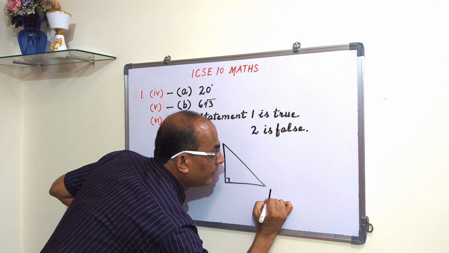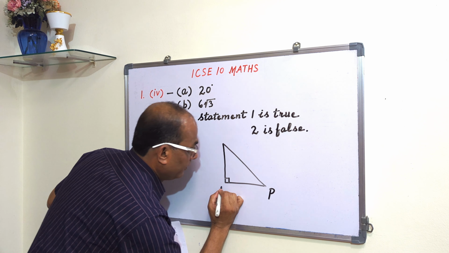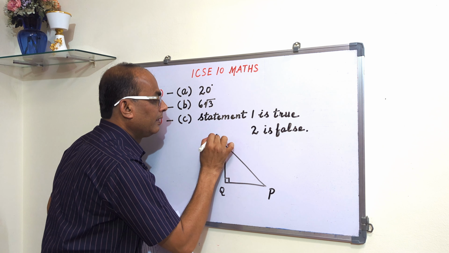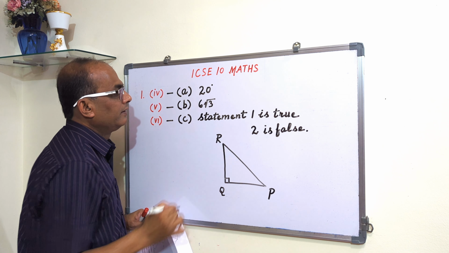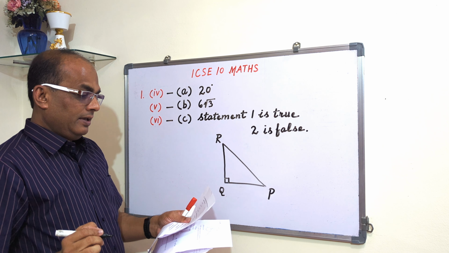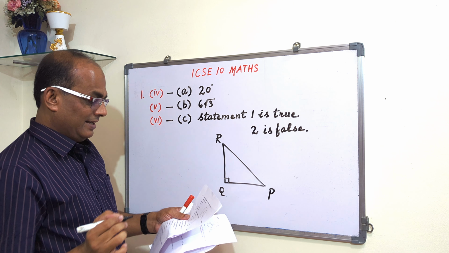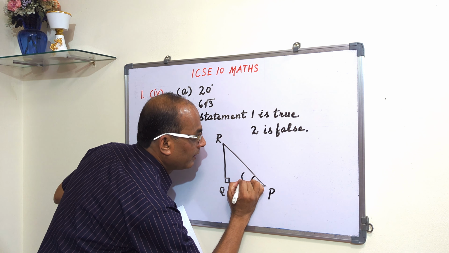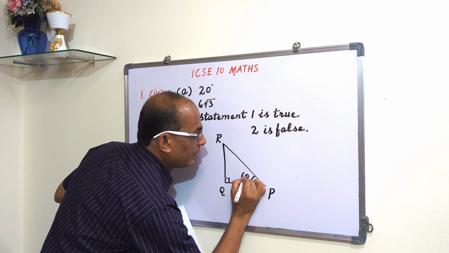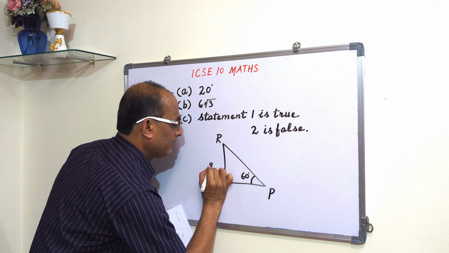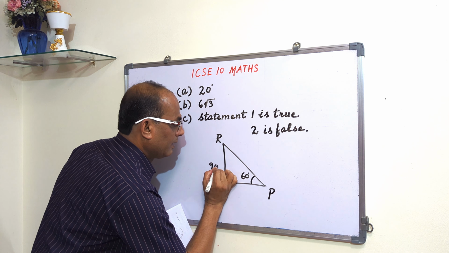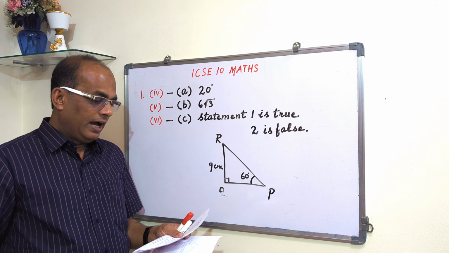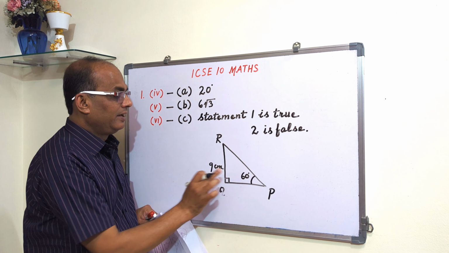This is PQR, this is 90 degrees. Angle PQR is 60 degrees, given, and QR is 9 centimeter. We have to find out PR.